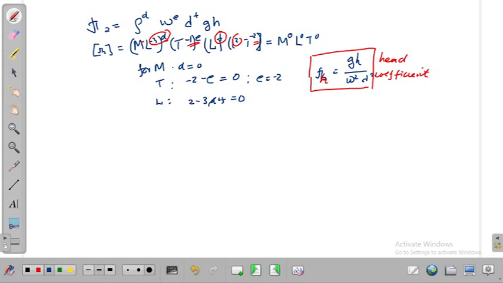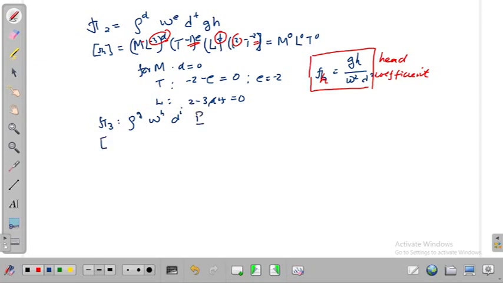We can simply analyze and get an expression for pi 3. You recall that for pi 3 we again have our repeating variables rho, omega, and d. So rho power g, omega power h, and d power i, and the other variable we'll have as p.